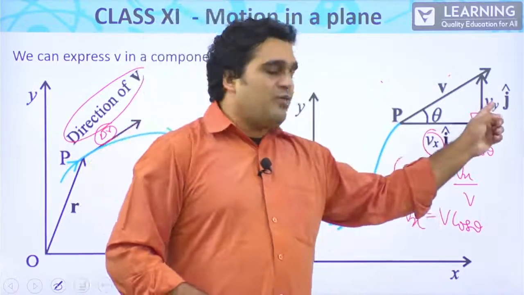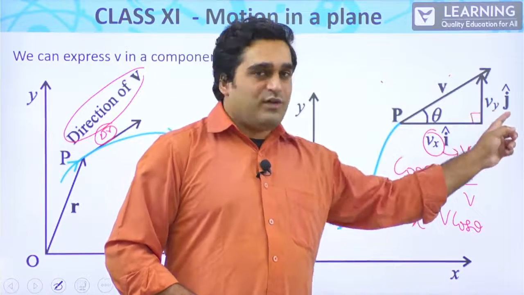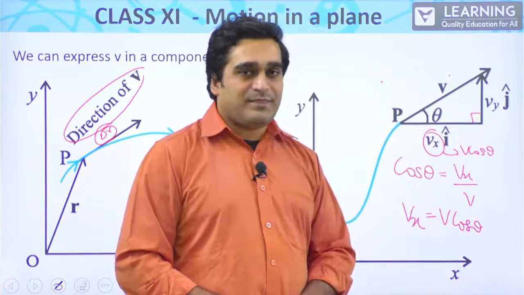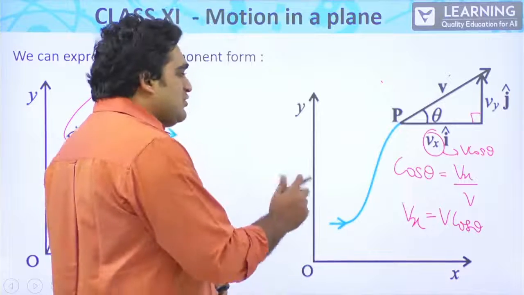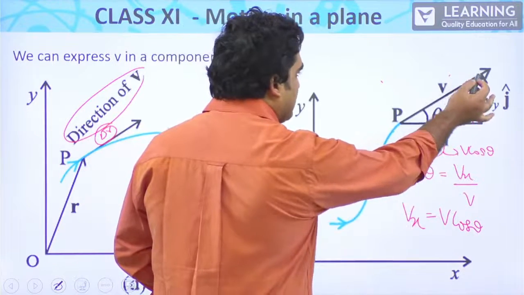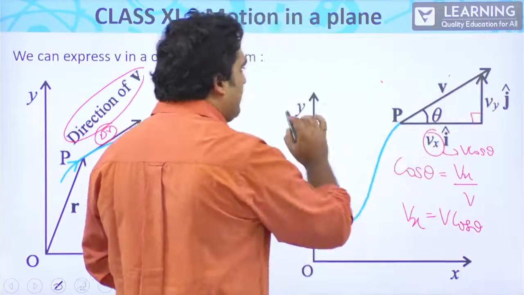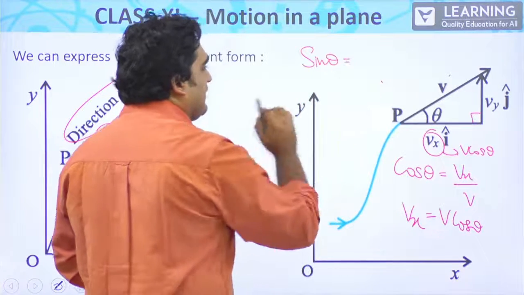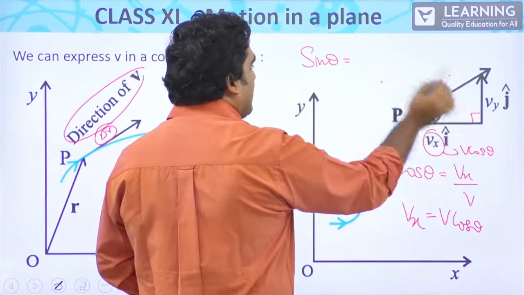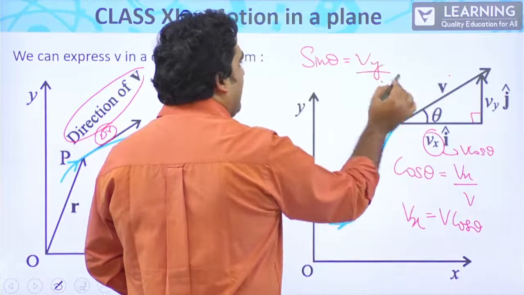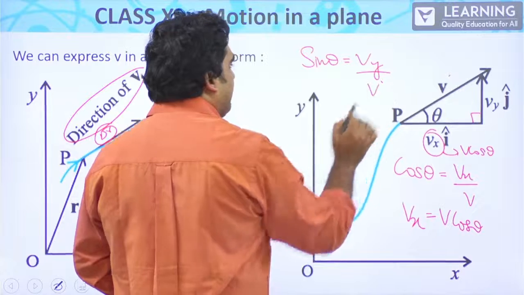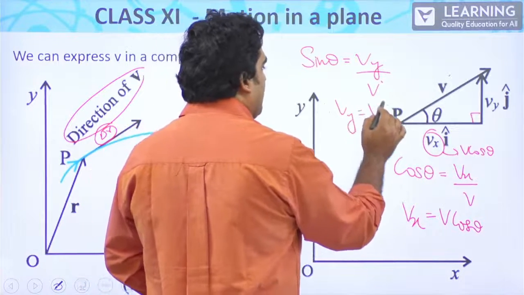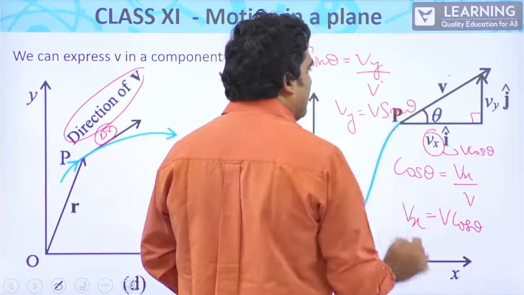Similarly, how is Vy related to the vector V? Again, you can choose a trigonometric ratio such as the opposite by the hypotenuse, which is sine theta. So sine theta equals the opposite, which is Vy, over the hypotenuse, which is V. Therefore, Vy equals V sine theta.